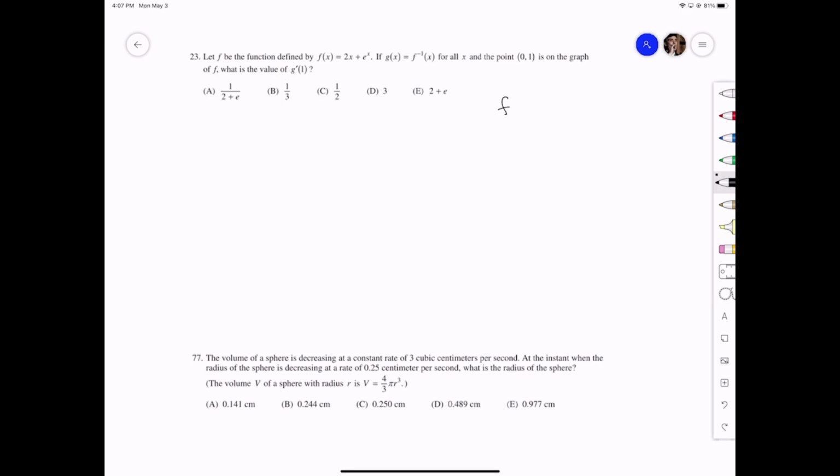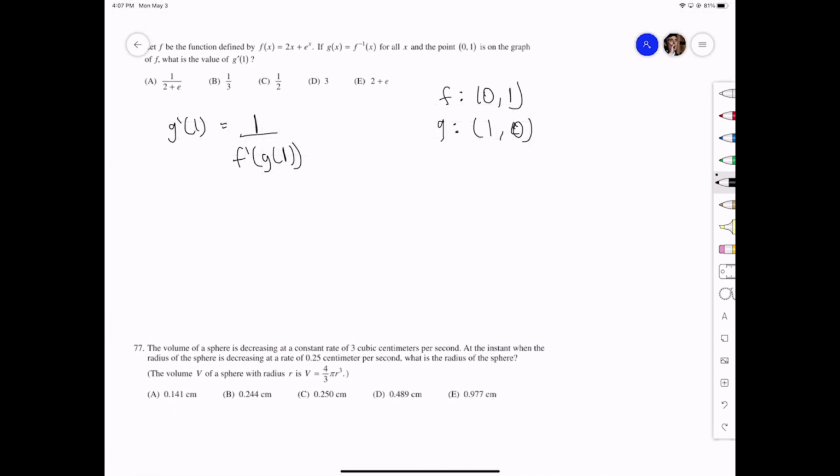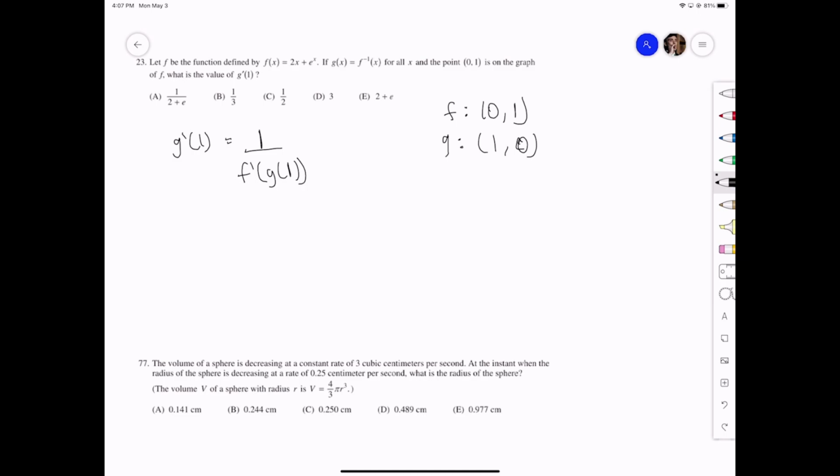So if f is 0, 1, that means that on g there's a point that's 1, 0, since it's the inverse. So g prime of 1 is equal to 1 over f prime of g of 1. And that's just like the inverse derivative rule. So g of 1 is 0. So it's equal to 1 over f prime of 0.